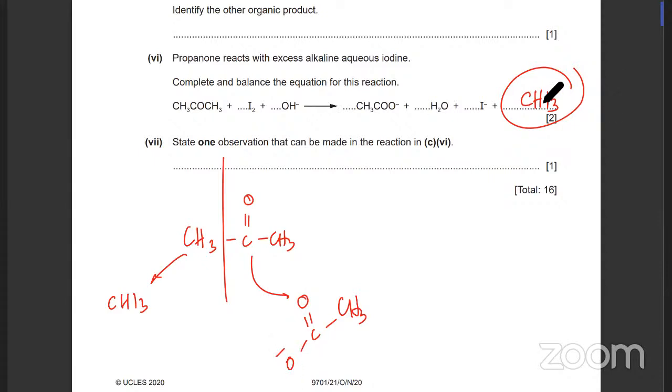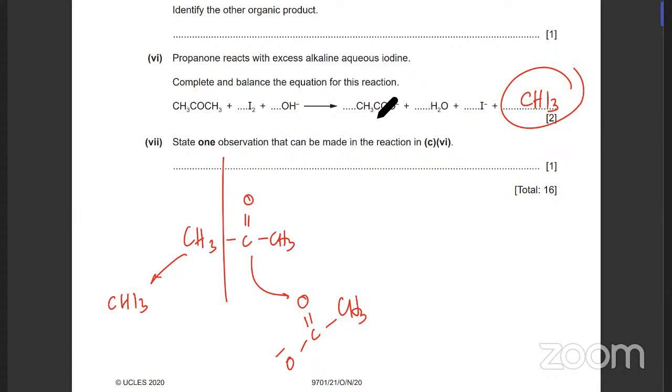So I've got these things over here. How do I balance this now? Okay, I've got a ketone. How many oxygens are getting added? That's 2 of them, right? The 3 over here as well. So now I need to balance this. I should not change the carbons over here. So let's try and balance the hydrogens. That's 3 plus 3, that's 6.